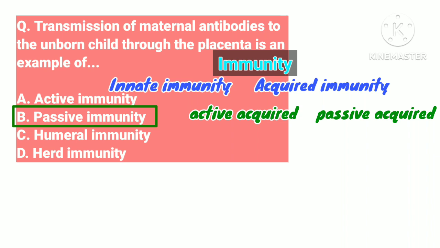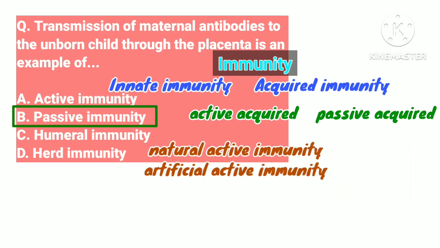Active acquired immunity is activated after exposure to an antigen. It is again divided into two: natural active acquired immunity and artificial active acquired immunity. In natural acquired immunity, it is developed after exposure to a disease and antibodies are developed. In artificially acquired immunity, antigens are entered through a vaccine and immunity is developed.